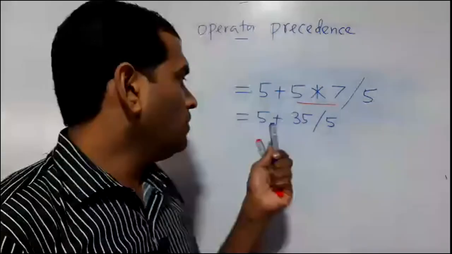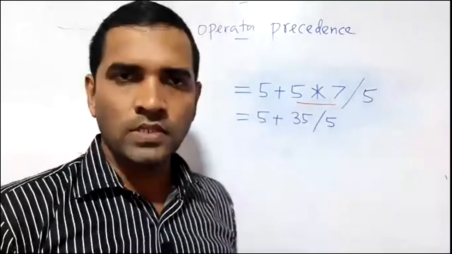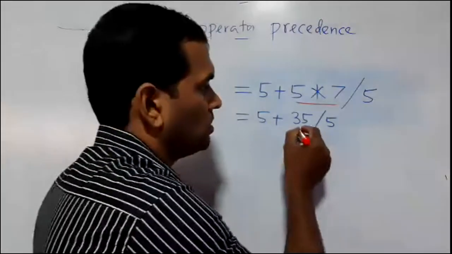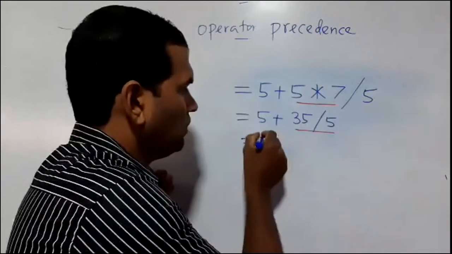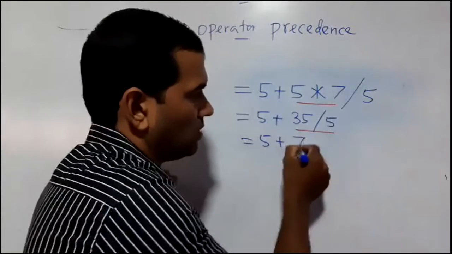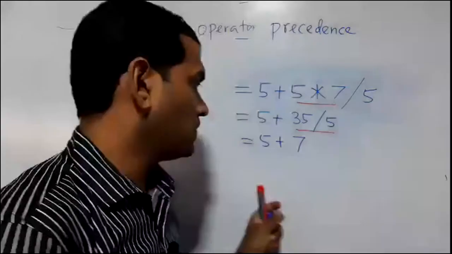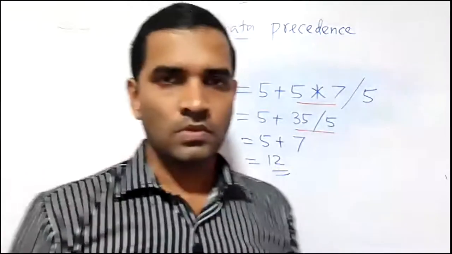Right? So now we have two operators, plus and division. Yes, division has the highest. So try performing this one. So it has to be 5 plus 7. 35 divided by 5, so it's 7. Finally, it has to be 12. Got it?